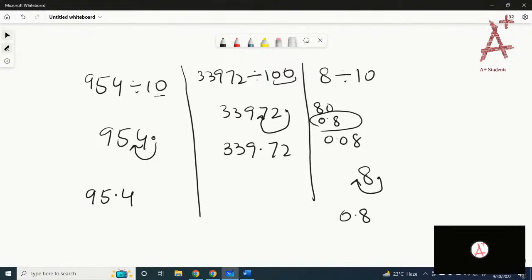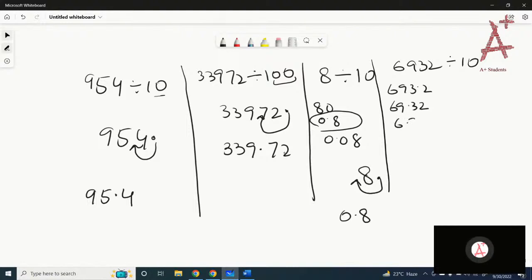Okay. The next question is 6,932 divided by 10, and the options you are given are 693.2, 69.32, 6.932.